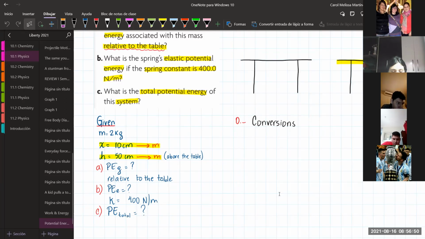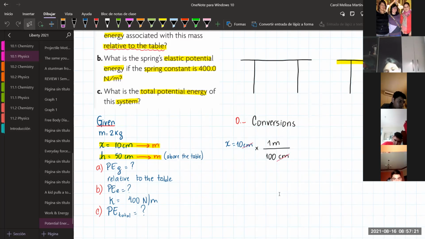Now, who remembers how many centimeters you find in a meter? 100 centimeters. Exactly. 100 centimeters are inside 1 meter. So x, which is equal to 10 centimeters, we're going to multiply times the conversion factor, that is 100 centimeters below, there are in 1 meter. And below because they need to be on opposite sides.